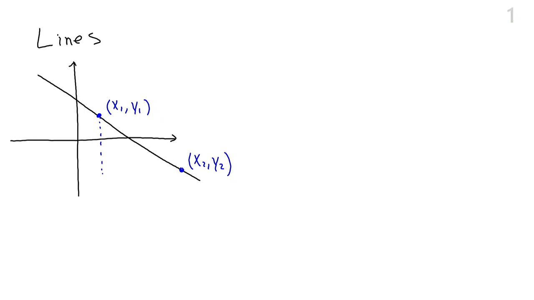The most important thing about the line is its slope, and slope is the rise over the run. It is the difference of the y coordinates divided by the difference of the x coordinates.